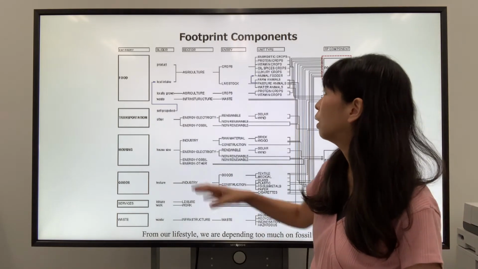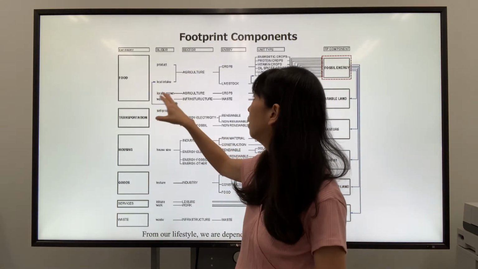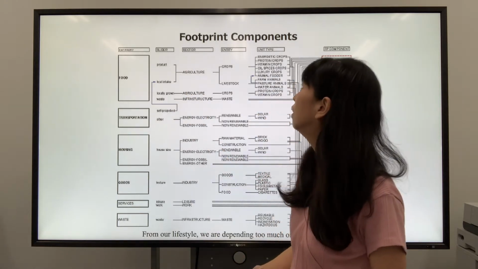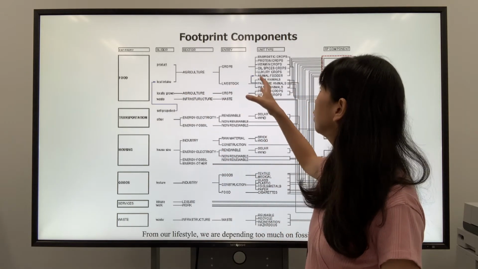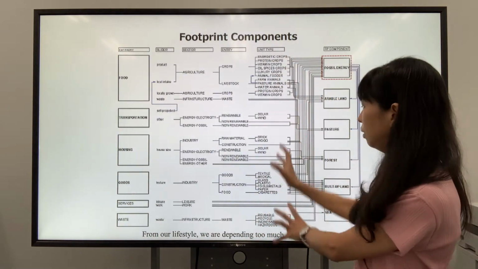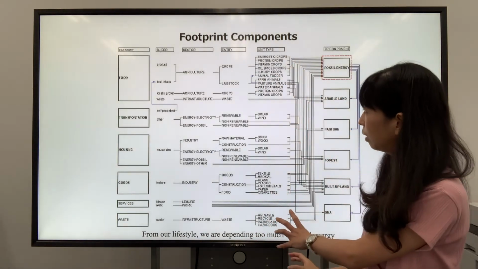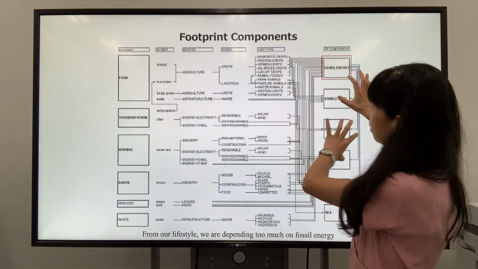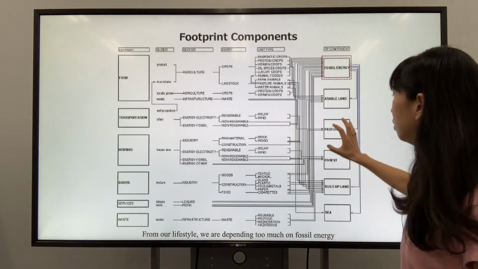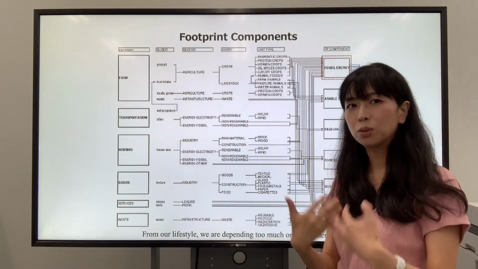So food can be understood in terms of how the agricultural land is impacting us. All of these things can be broken into smaller pieces, and these small pieces, which I call unit types, can then be translated into these components, which are the surface area that can absorb this CO2.